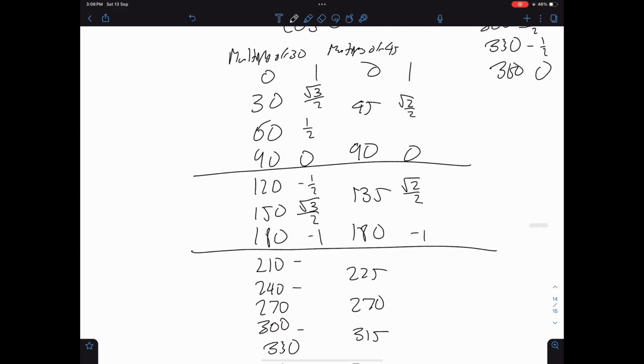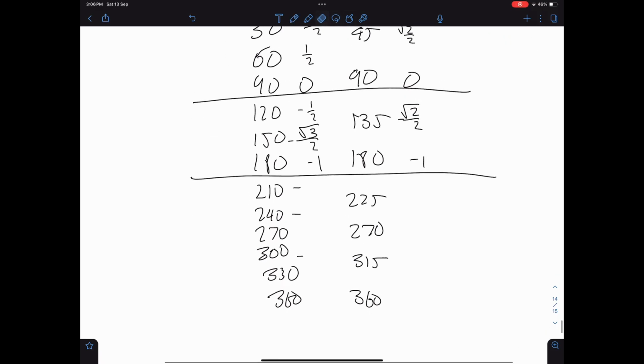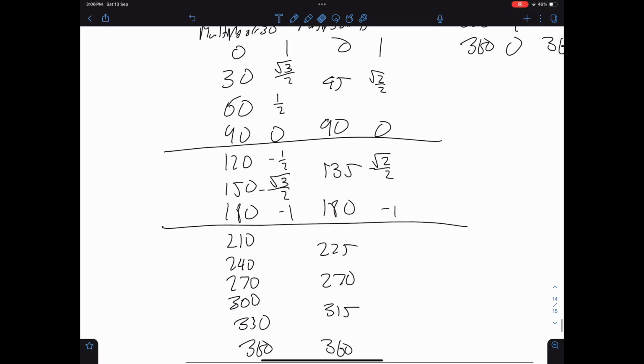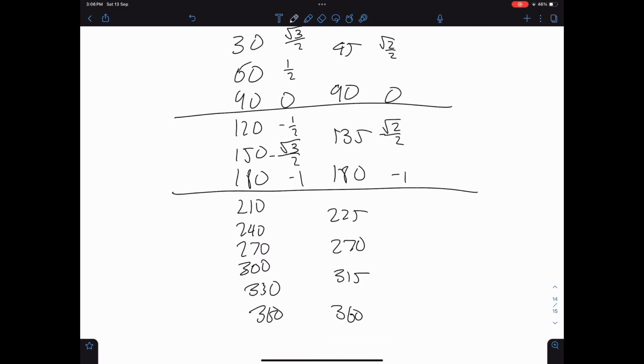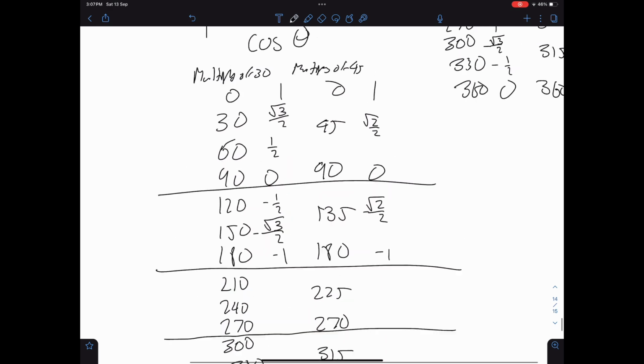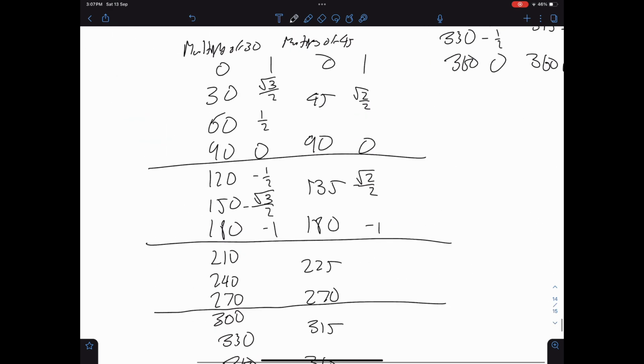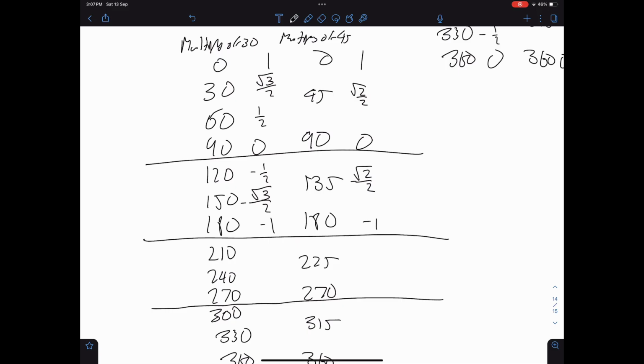And now we're going up to the third quadrant. It's still negative, and the basic angle for 210 will be 30, so it'll be negative root 3 over 2, and this one will be negative root 2 over 2.